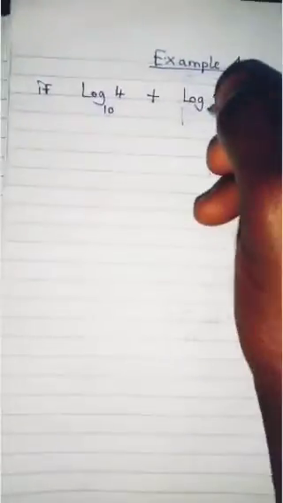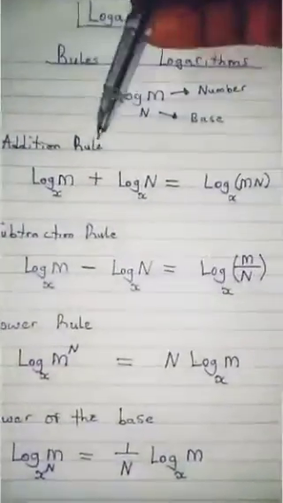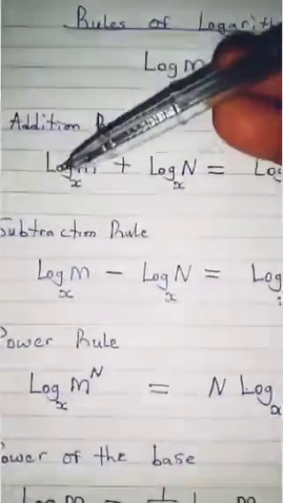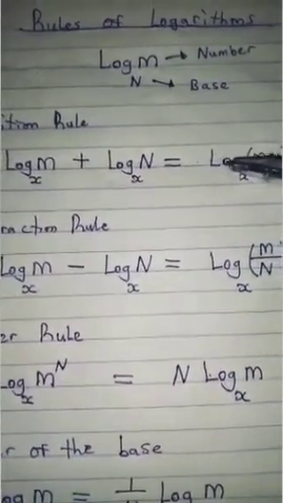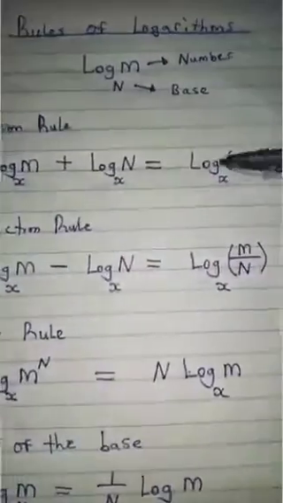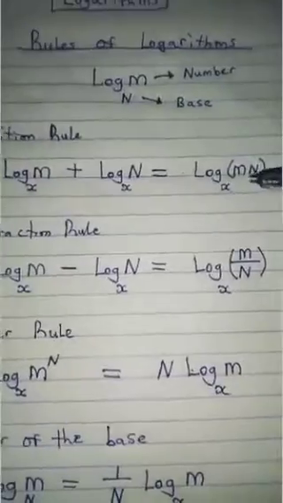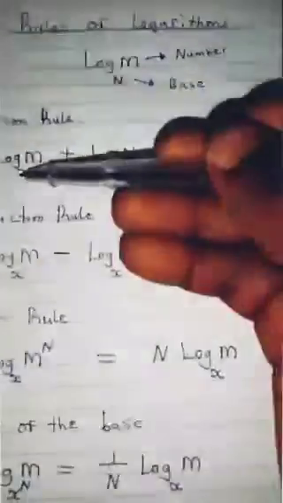So let's take a look at example 1. If we have log 4 into base 10 plus log 25 into base 10. We can see that we are having addition in between the logarithms, and the rule of addition says if we have log m into base x plus log n into base x, we are going to pick one of the log, then the numbers, we are going to multiply them together, then pick one of the base, because we have the same base.